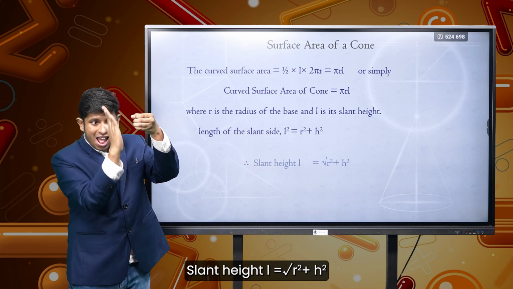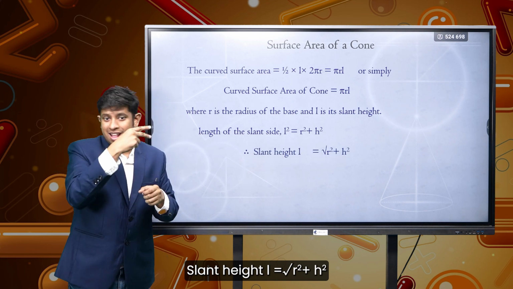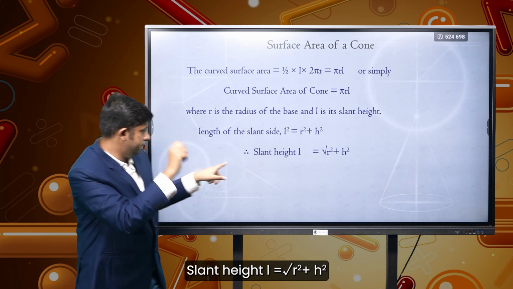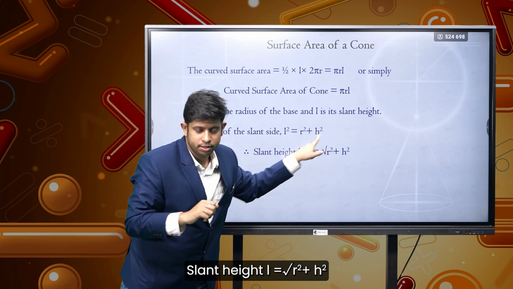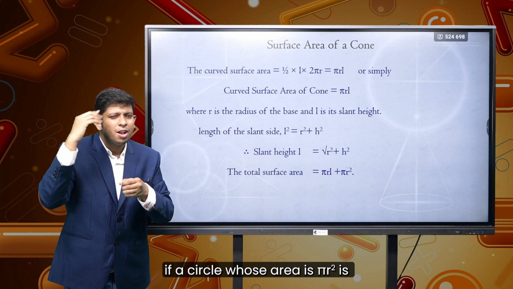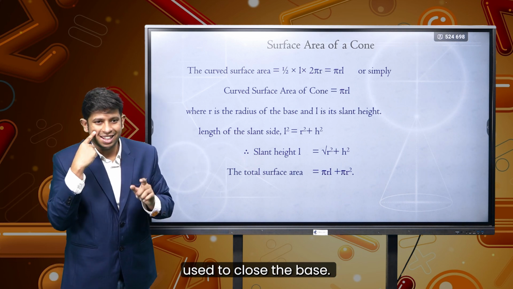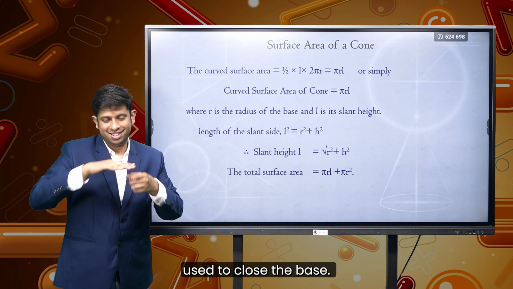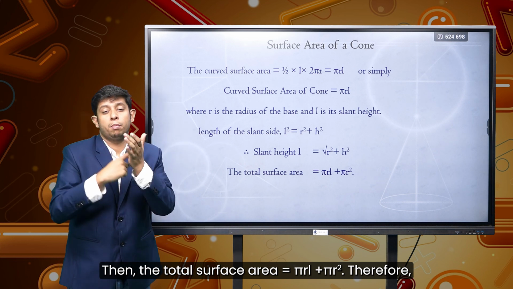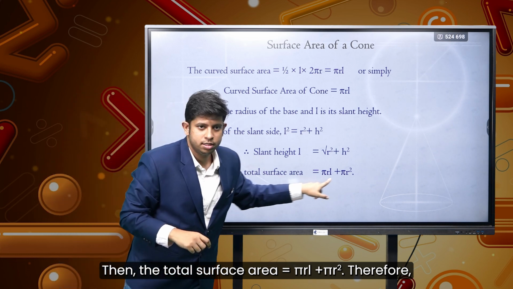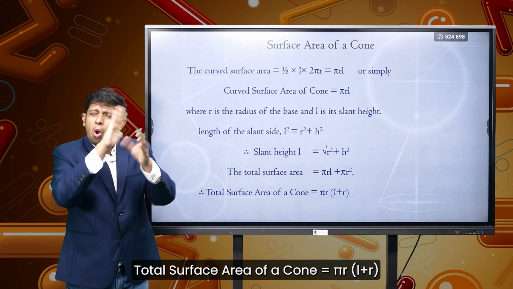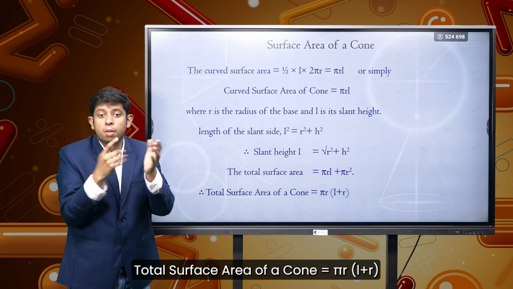Therefore, slant height L is equal to under root r square plus h square. Furthermore, if a circle whose area is pi r square is used to close the base, then the total surface area is equal to pi r L plus pi r square. Therefore, total surface area of a cone is equal to pi r into L plus r.